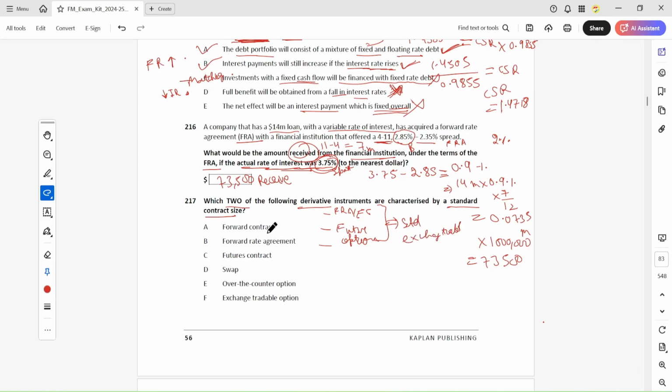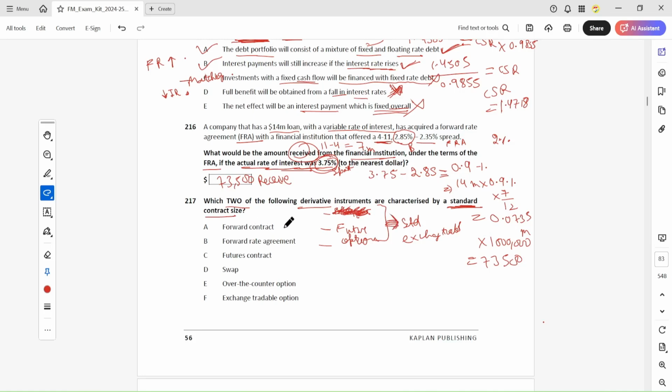Sorry, standardized contract, exchange traded, but forward rate agreement and forward contract for foreign currency are not standardized contracts, because they are not exchange traded.